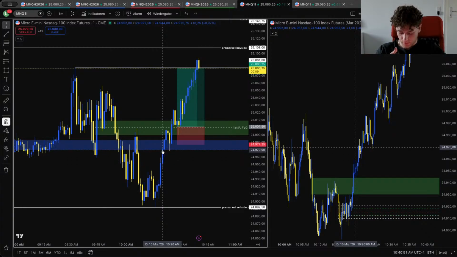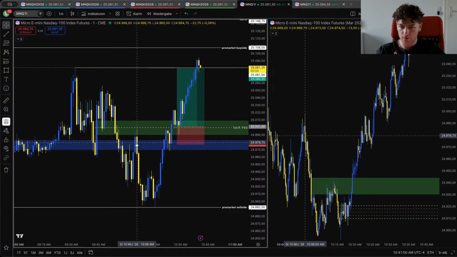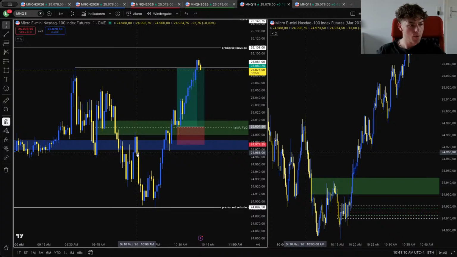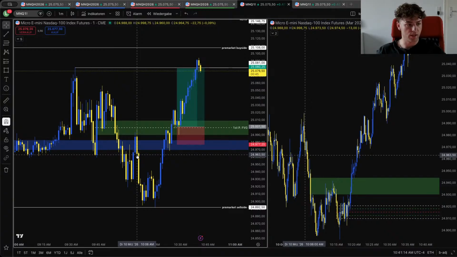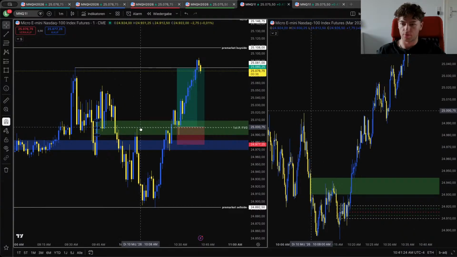So okay, no, he shorted at 24,967.50. I guess he did a market order and was shorting this opening price here, taking this as an order block. Stop loss, I think, above this candlestick's high.